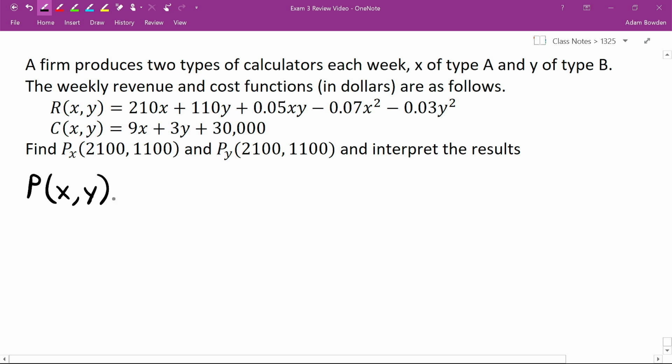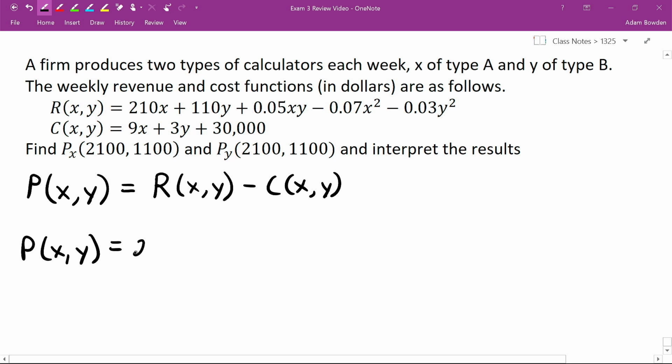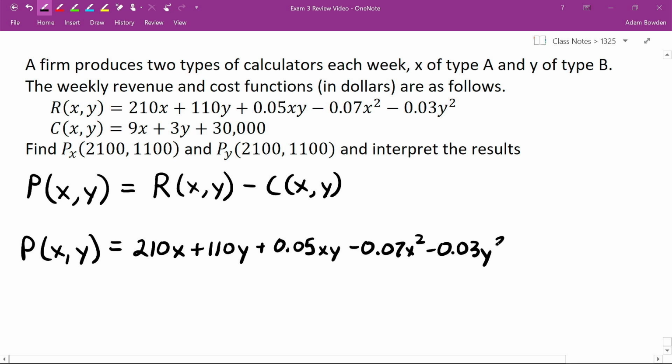So just like we've done with profit before, we have to take revenue minus costs. So what that was going to look like here is we have to take everything from revenue. I'll write that down here. 210x plus 110y plus 0.05xy minus 0.07x squared minus 0.03y squared minus 9x plus 3y plus 30,000.